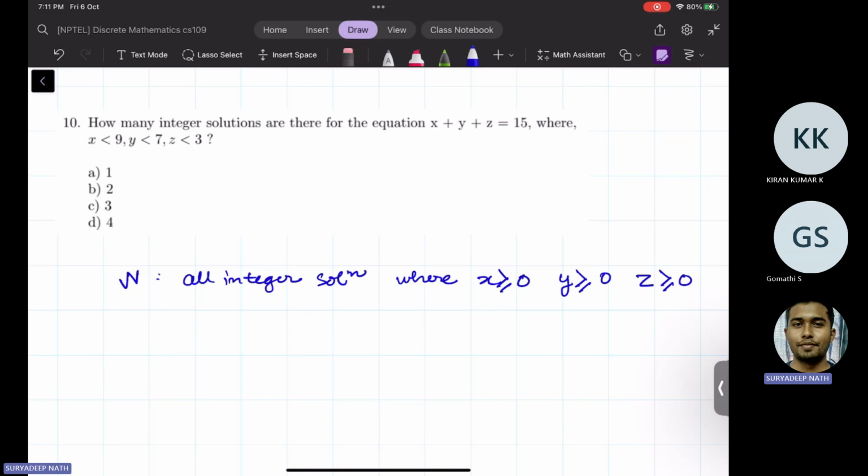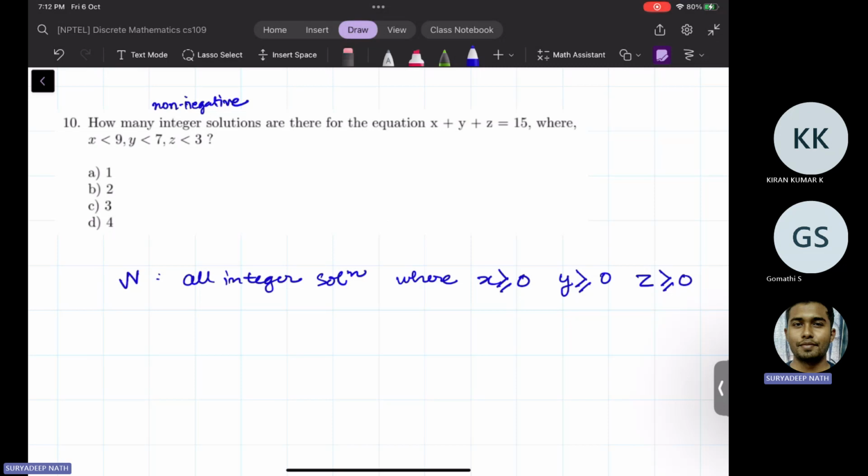In this question, it is assumed that the integers are non-negative, though they have not mentioned it, since integers can be negative also. Just for your understanding, it is assumed that they're talking of non-negative integers where x is less than 9, y is less than 7, and z is less than 3.